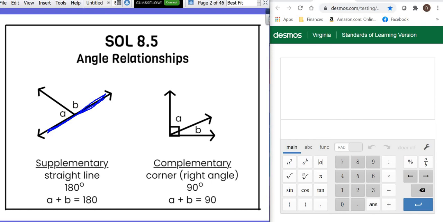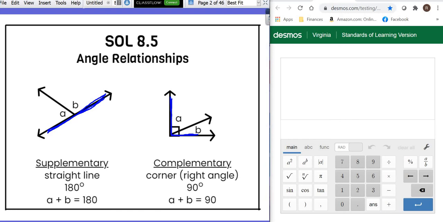Complementary angles start with a C, just like the corner that it forms. Complementary angles work together to form 90 degrees. So remember, supplementary is 180, complementary is 90. Okay, so just try to remember that.